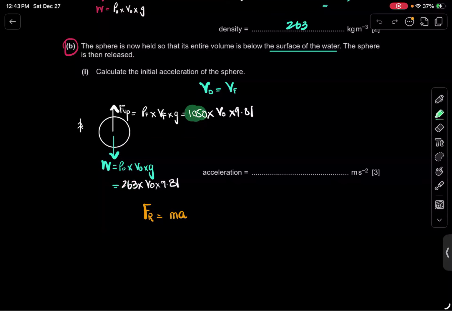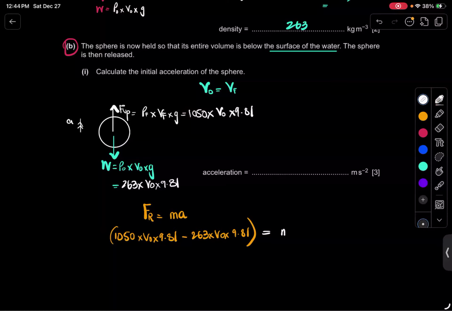V naught is the same, 9.81 is the same. The resultant force is 1050 into V naught into 9.81 minus 263 into V naught into 9.81, equal to mass into acceleration.